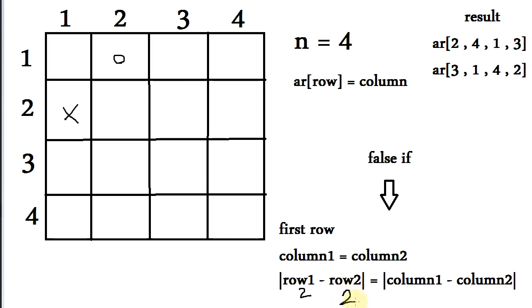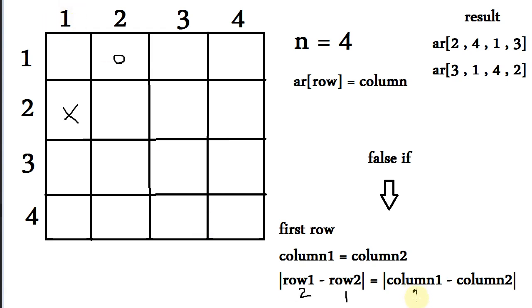Now, excuse me, it's 1, the row. The row is 1. The row for the candidate is 2. Now the column for our candidate is 1.